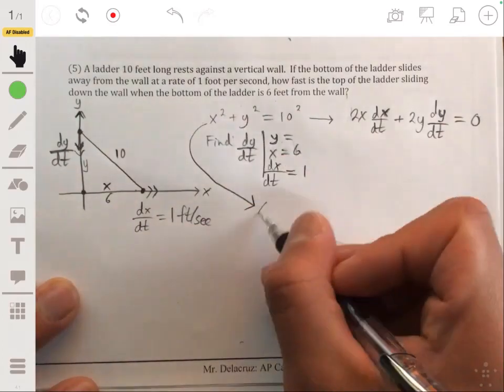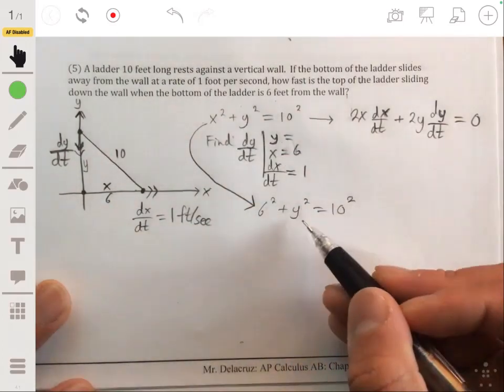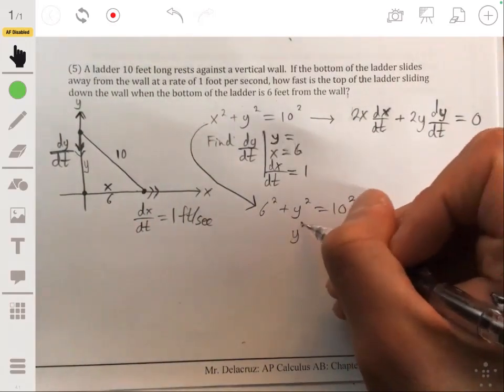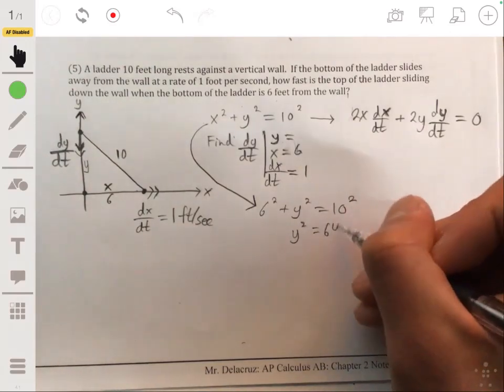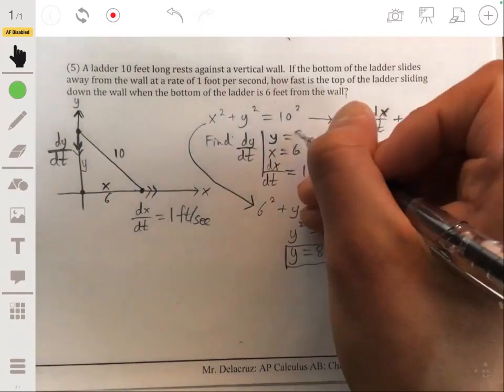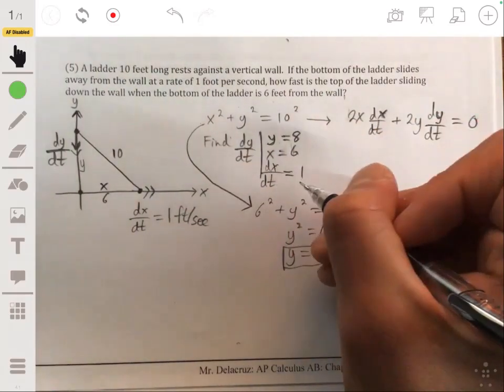So let's just go 6 squared plus y squared equals 10 squared. And then you got 36 plus y squared equals 100. So essentially you got y squared equals 64, and y is 8. So y is 8, x is 6, dx/dt is 1.